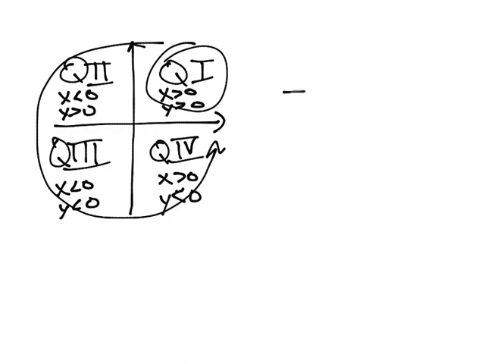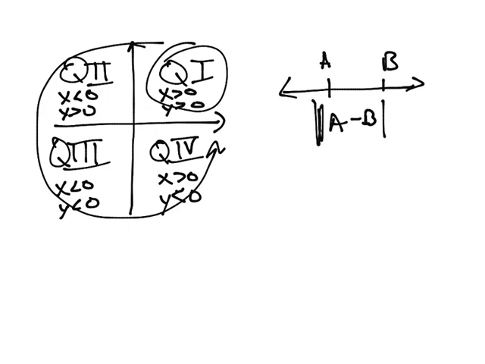When we had one dimension, the absolute value could tell us the distance between 2 points, A and B. We could think of that as the absolute value of A minus B, and that would be the distance between those 2 points. Well, in 2 dimensions, we have a distance formula.